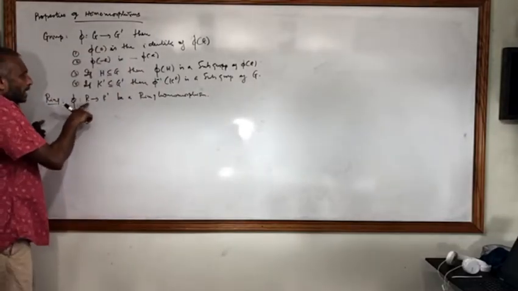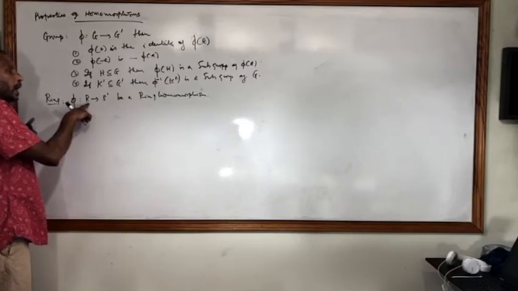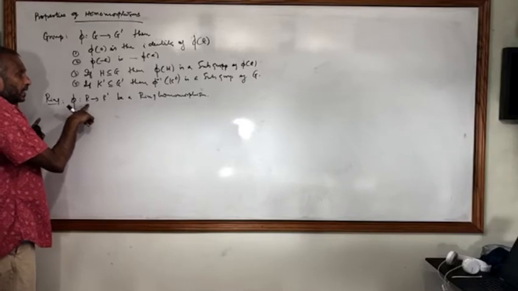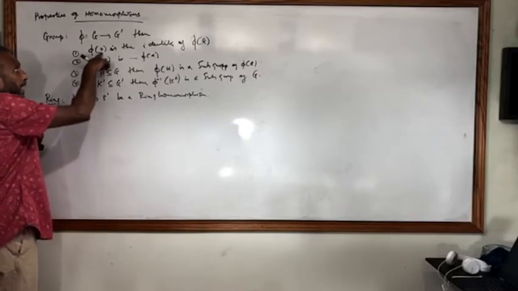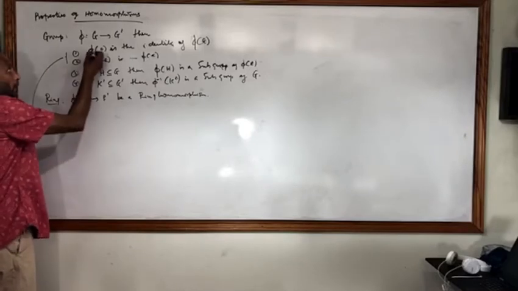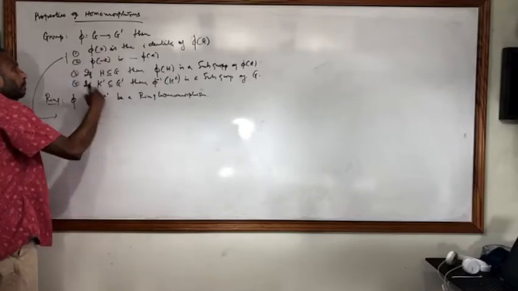But this R doesn't need to have a multiplicative identity. Of course it has the additive identity. This is the additive identity, so this is always true here. I am extending this idea to multiplication.